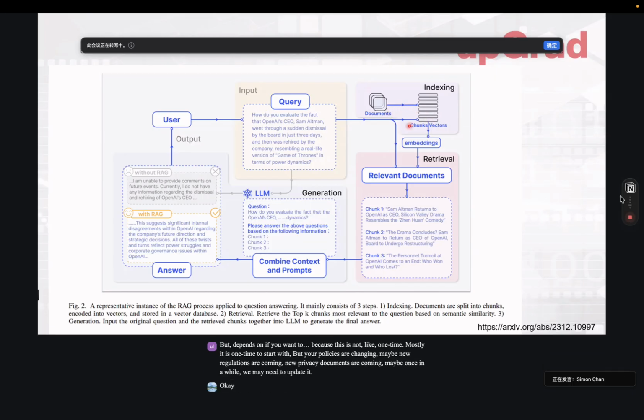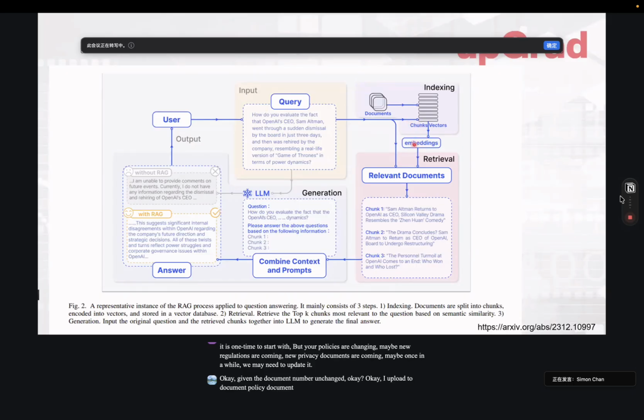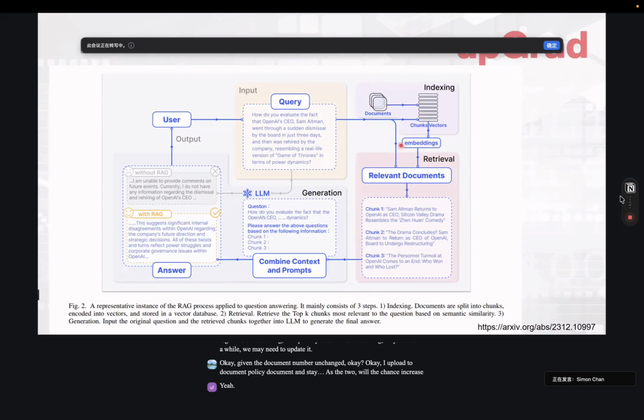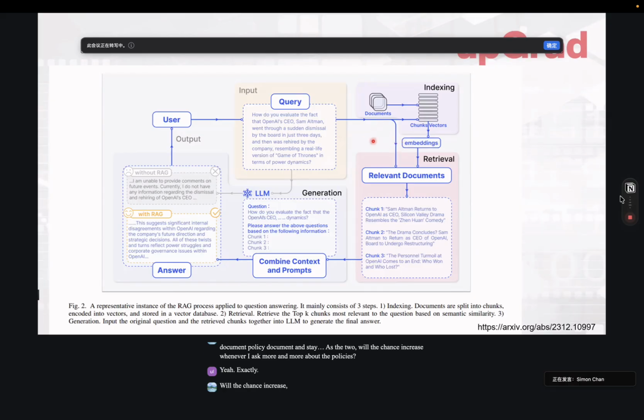Given that the number of documents is unchanged, I upload two policy documents once, and that's all. Along my queries, 1 to 10 queries, will the chunks increase in the index database?